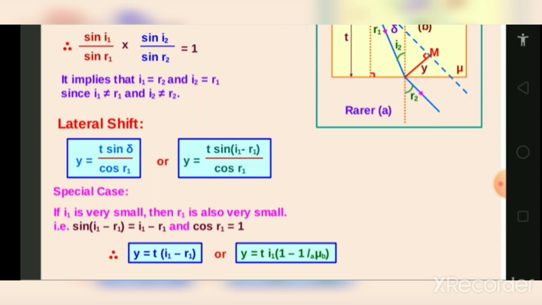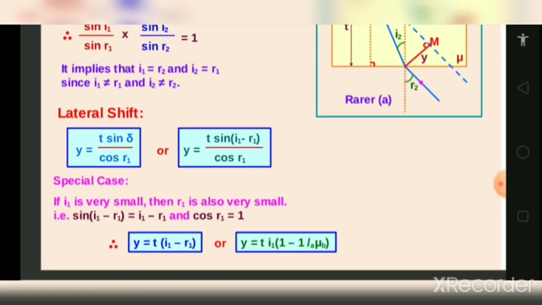But for special cases, like when your I is very small, then R1 is also very small, that is sine (I1 minus R1) is equal to I1 minus R1, and cos R1 is equal to 1 will give you y is equal to t (I minus R), or y is equal to t I1 (1 minus 1 upon mu).